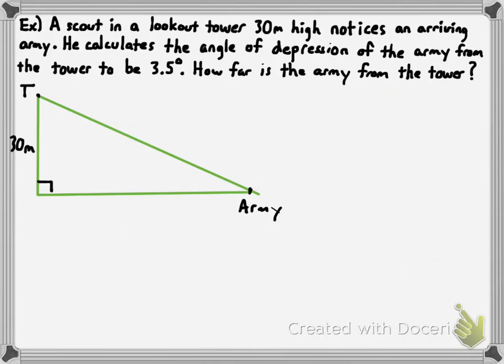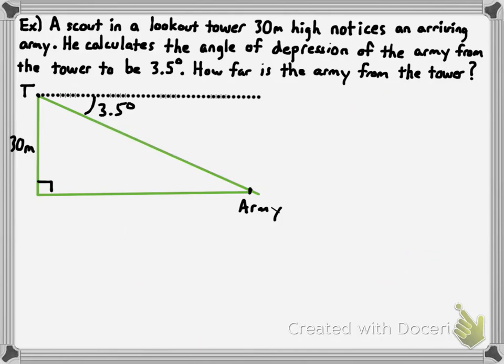If the lookout tower guy was just looking straight ahead, not rotating his head up or down at all, this is kind of the way he'd be looking, right? And what the angle of depression shows you is how far down he has to rotate from his normal eye level in order to see the approaching army. And so that would represent this angle right here. That would be 3.5 degrees.